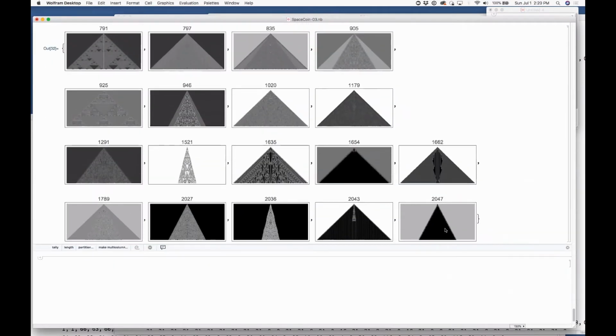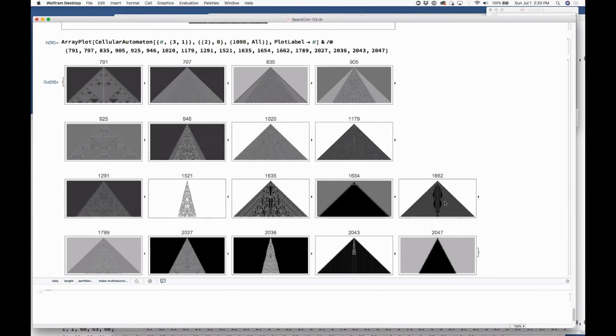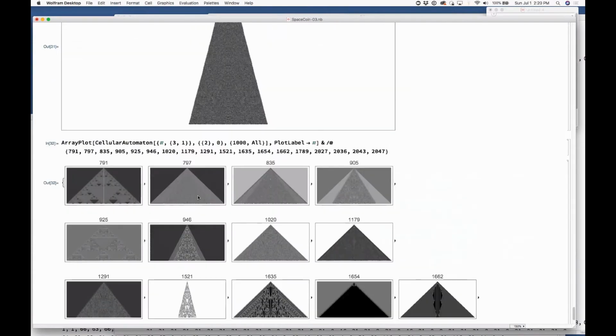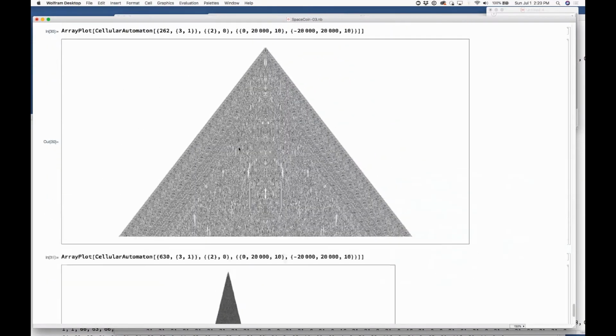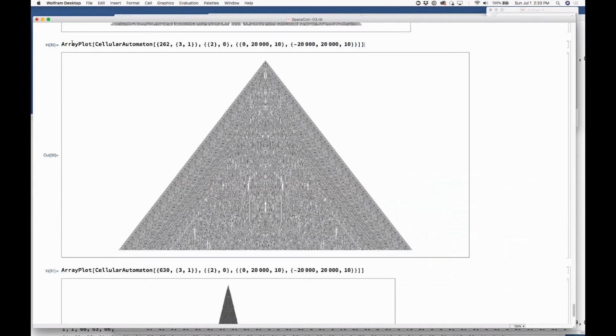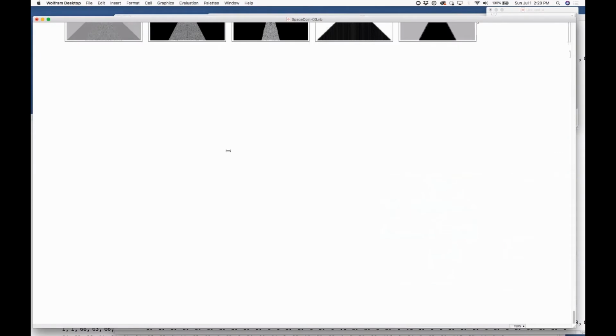Okay, so 1662 is sort of interesting there. Let's try taking a look. Okay, I think the only one with promise here is 1662. So let's look at our giant 20,000 cell version of this. And let's just look at 1662.